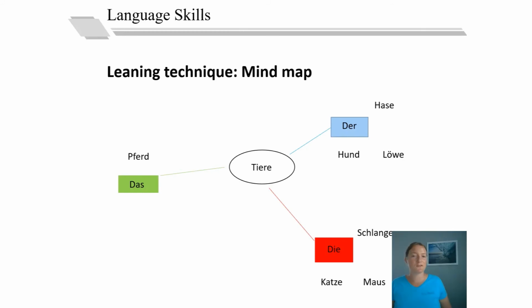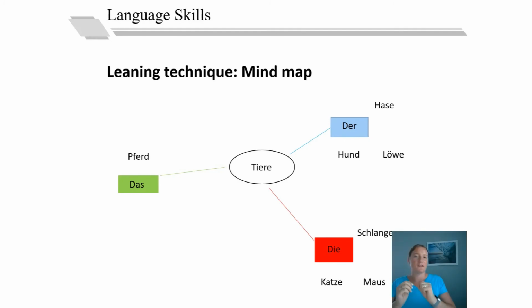And here you can also see, think about our fun fact, that das is the less common definite article in the German language. So look at this, you have one picture and so many different pieces of information.